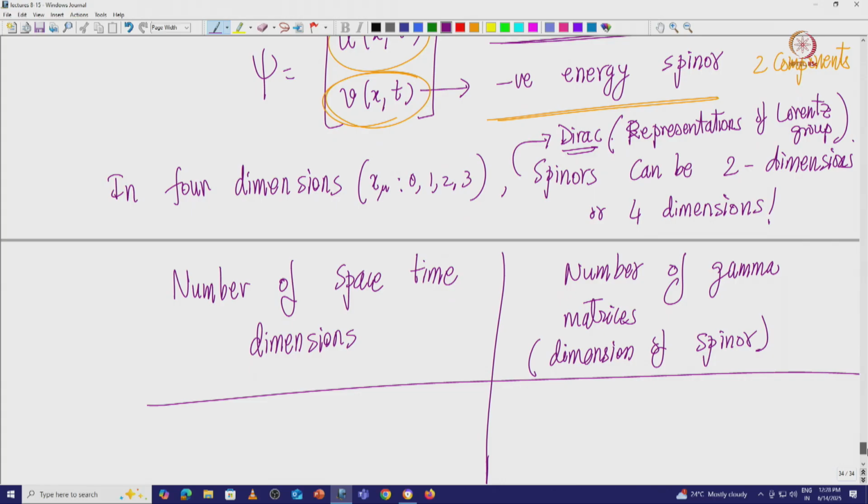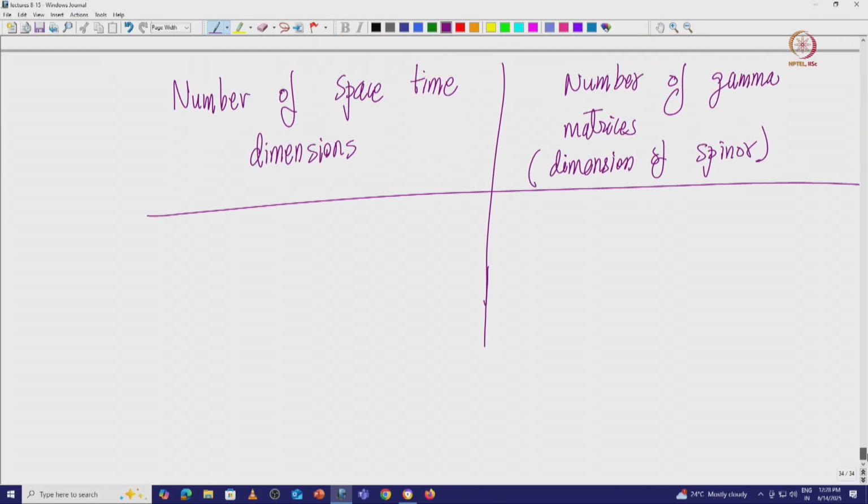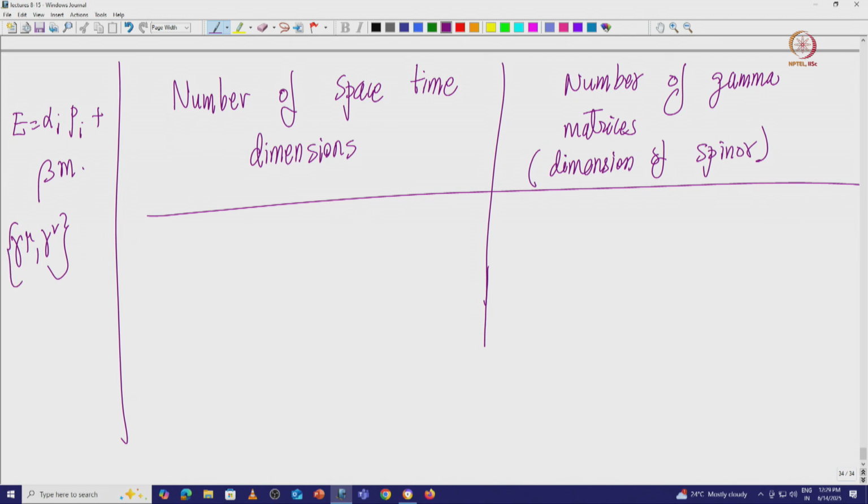Let me write it down here: E is equal to alpha i pi, I can remove the arrow, plus beta m, and this will give me gamma mu gamma nu anticommutator is equal to 2 g mu nu. Let us say I am starting with this. The question is the number of linearly independent alpha and beta required.